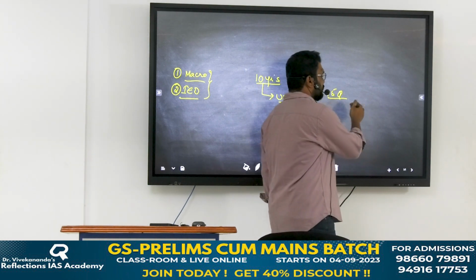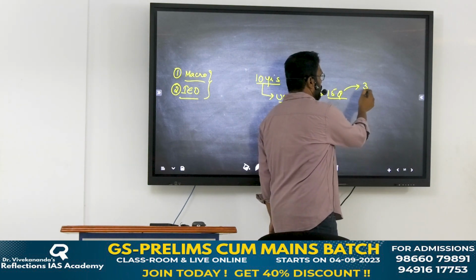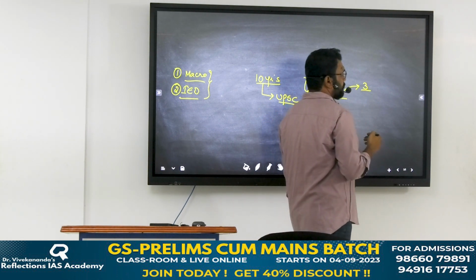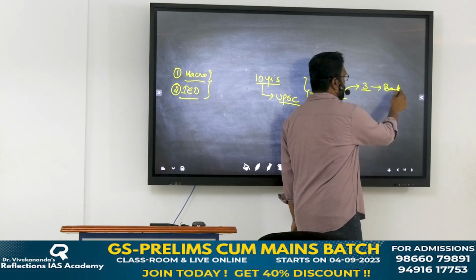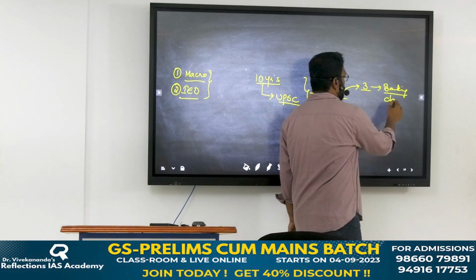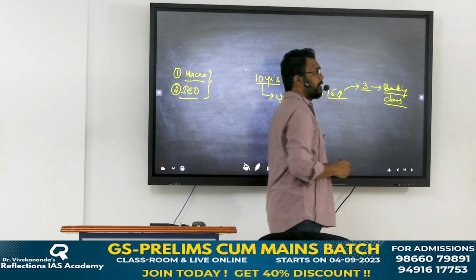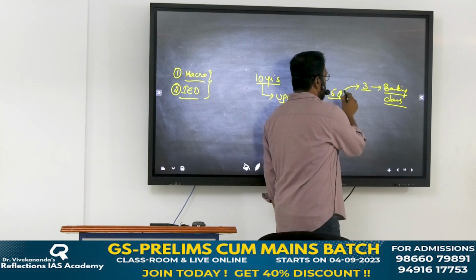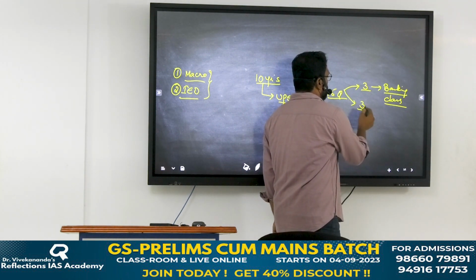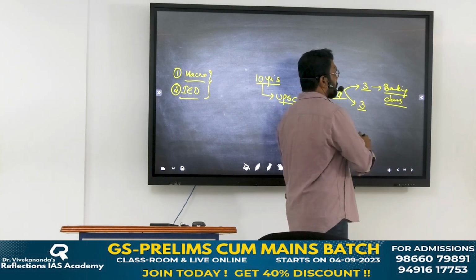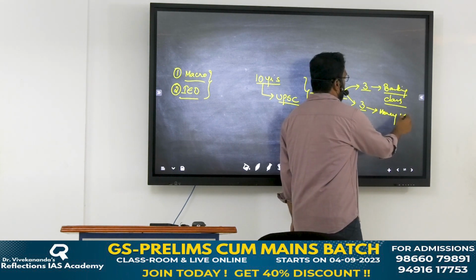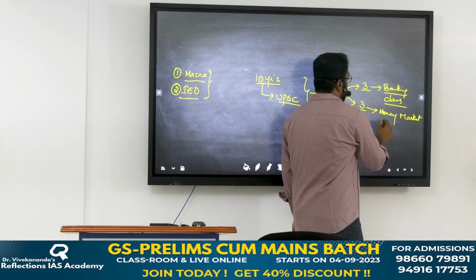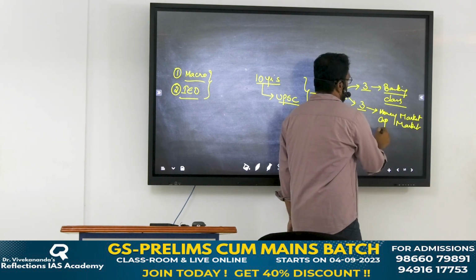In 15 questions, 2 or 3 questions on an average are from banking and classification of banks, and 3 questions on an average will be from money market, capital market, SEBI.